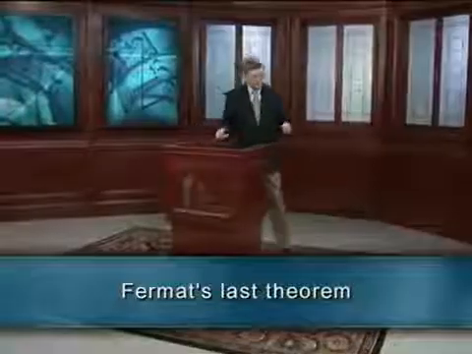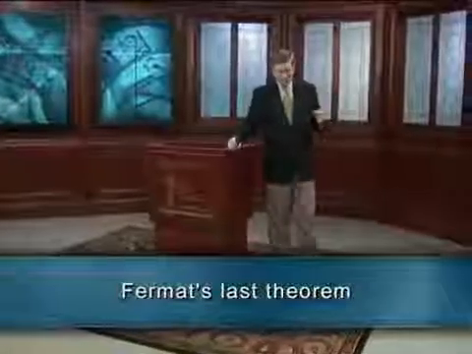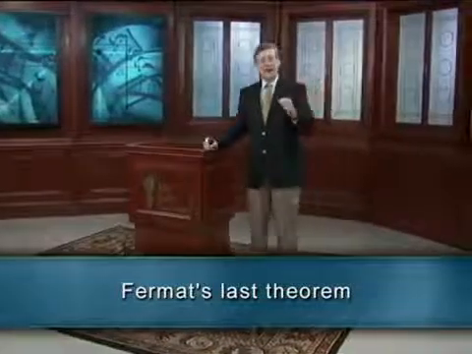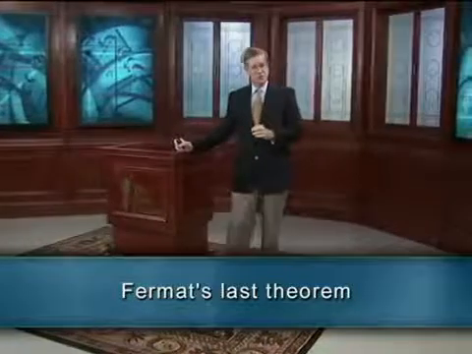Well, mathematicians have tried for hundreds of years to find solutions to that equation. It's even worse. They changed the exponent not to 3, but to 4, or 5, or 6, or any integer, and they never found a solution. And this is called Fermat's last theorem. Fermat hypothesized that you would never find such a solution.